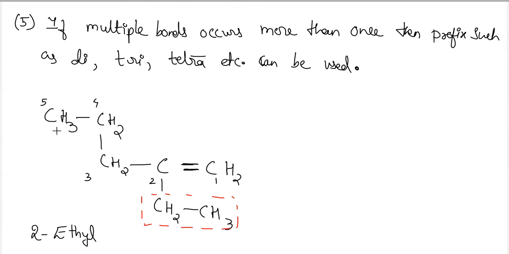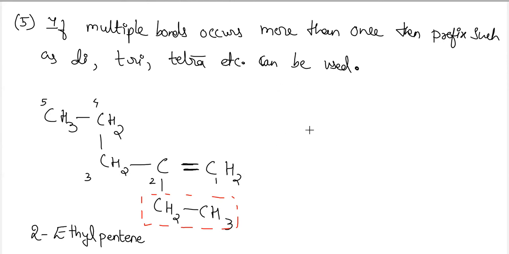For the five carbon chain, the word root will be pent. And the bond name, it is a double bond, so it will be ene. So the name of this compound will be 2-ethyl pentene. Okay, 2-ethyl pentene.